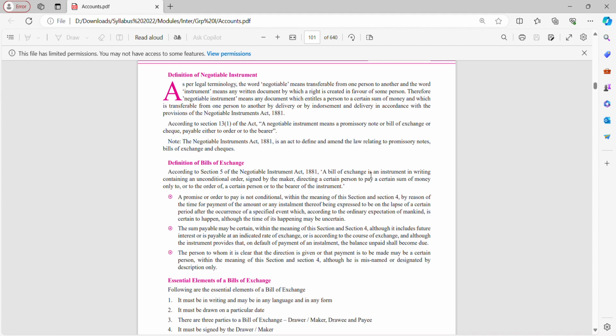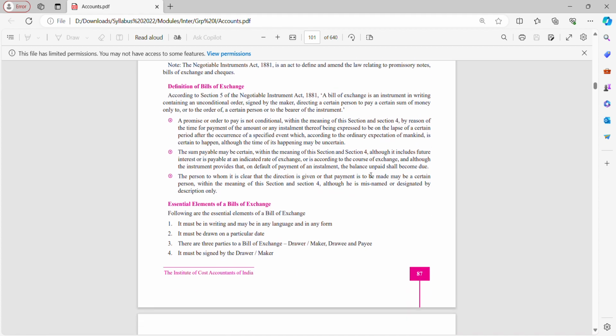I know that I'm supposed to pay only 1,000 rupees, nothing extra, nothing less. The person to whom it is clear that the direction is given or that payment is to be made may be a certain person within the meaning of this section and Section 4, although he is misnamed or designated by description only. So that is the definition of bills of exchange.